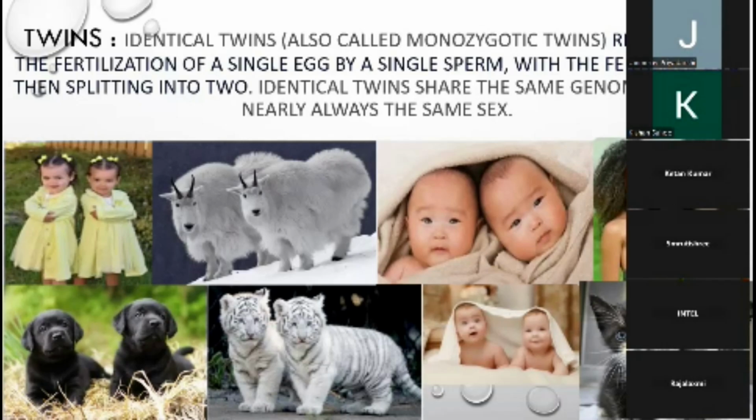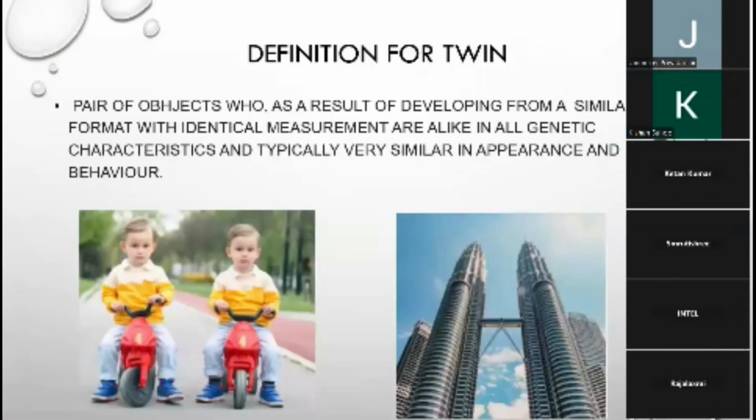But when I talk about the definition of twin from a common perspective, twins can be in different types of fruits like cherries and other things, and twins are possible for objects. Like you can see these babies are twins, they are biological twins. But these two scooters are objects which are twins because they are identical.